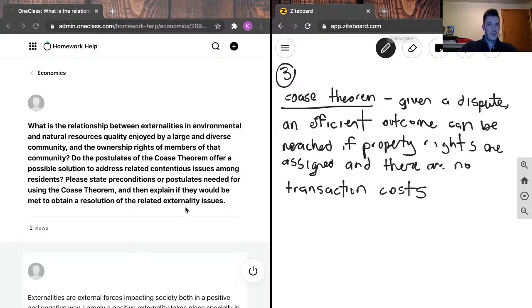All right, so one more time, the Coase theorem says that given a dispute, an efficient outcome can be reached if property rights are assigned and there are no transaction costs.